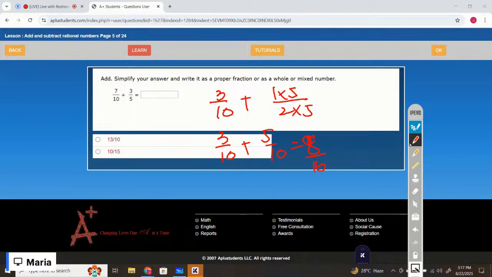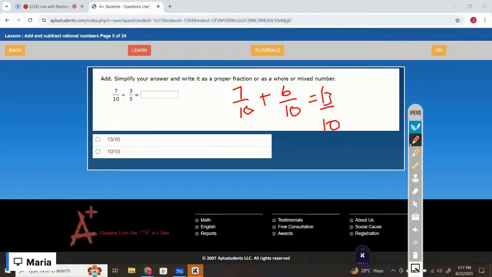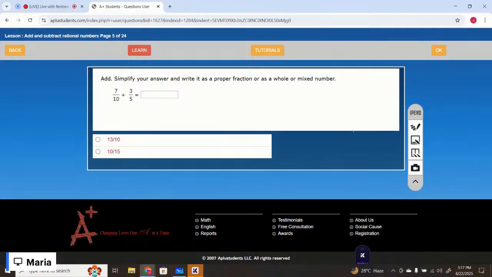That is 5 times 2 is 10. So that is 13 over 10. Option number 1 is the correct option. That is 13 by 10. Option number 1 is the correct option.